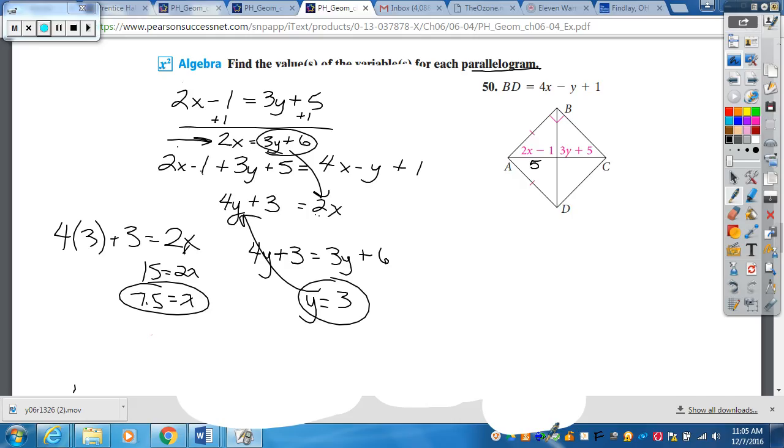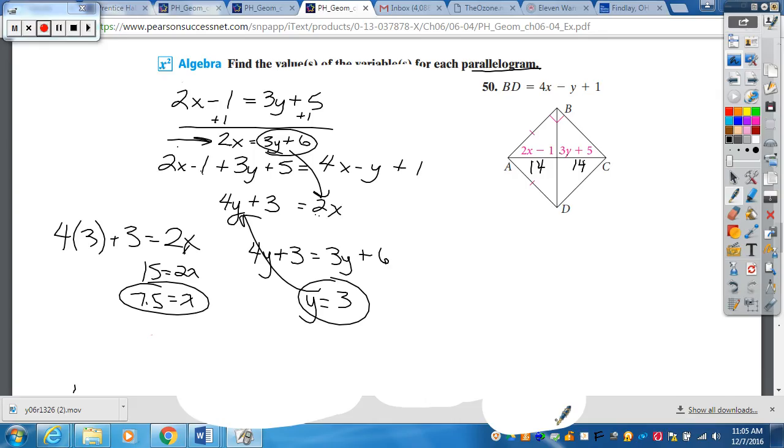Oh, I see what I did wrong. Here's what I did wrong. The y goes with the y. 3 times 3 is 9, plus 5 is 14. And then if I plug in the 7.5, 2 times 7.5 is 15 minus 1, also 14.